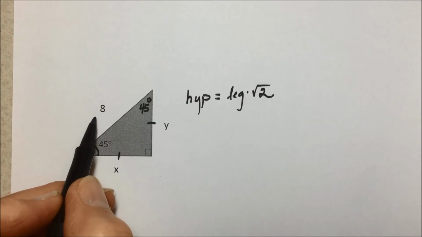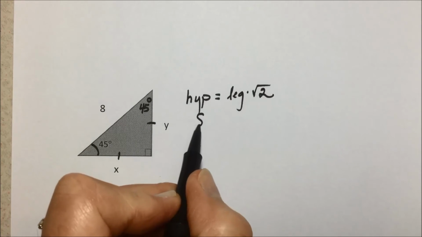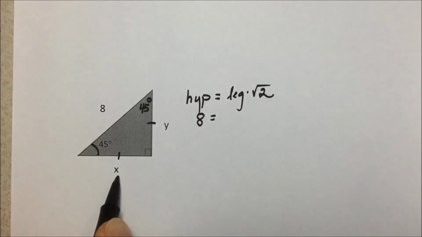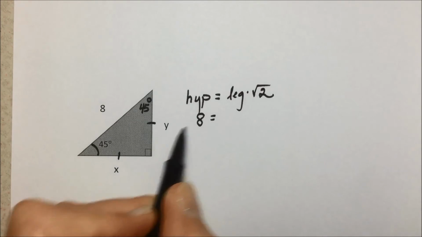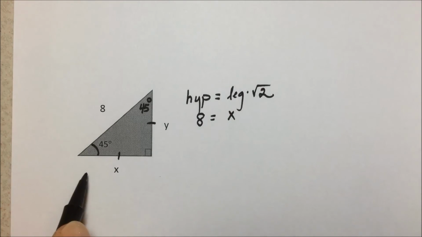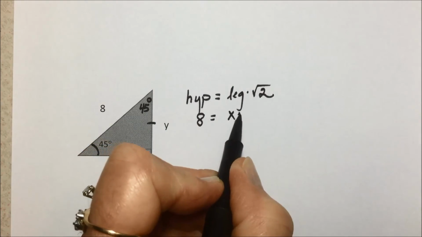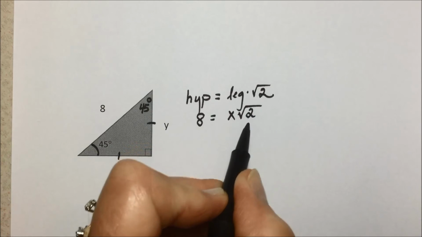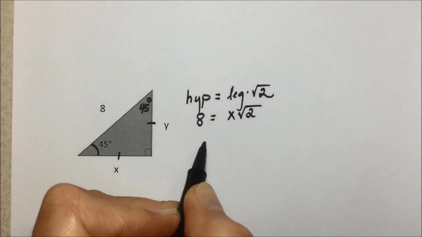Plugging in what we know, we are given the hypotenuse, we're looking for a leg length, x and y are equal to one another, so it doesn't matter which variable we choose. I'm going to let the leg length equal x, and we multiply it by the square root of 2 to give us the hypotenuse.